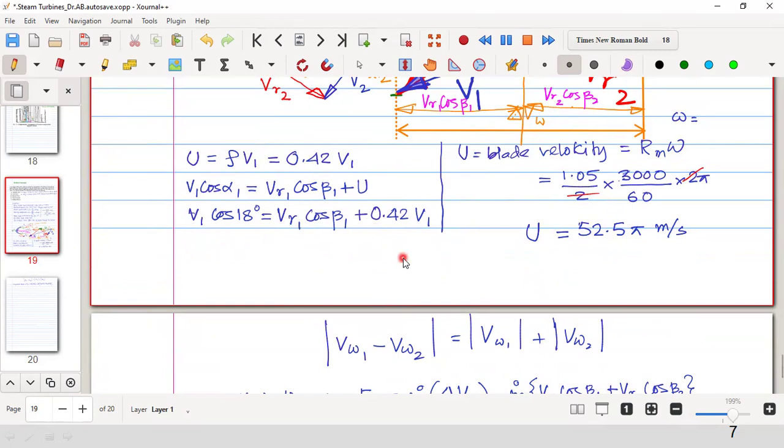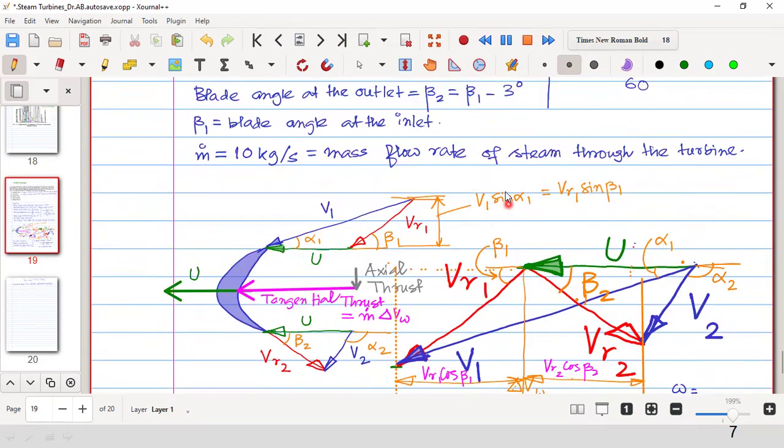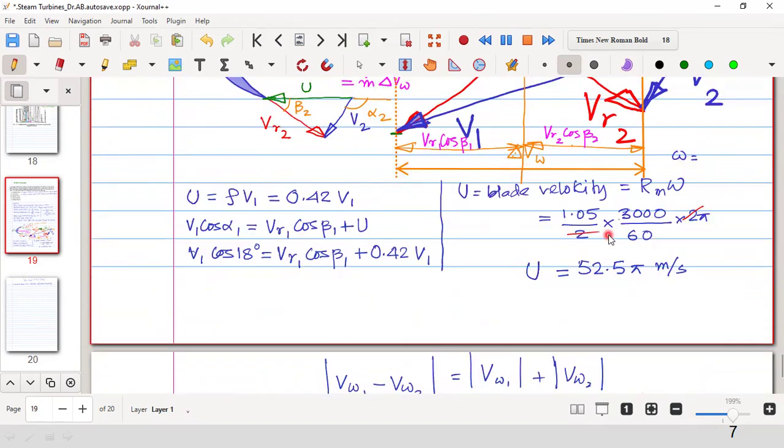So from this relation what we told, that V1 sin alpha 1 is equal to VR1 sin beta 1. So we can write that V1 sin alpha 1 is equal to VR1 sin beta 1.